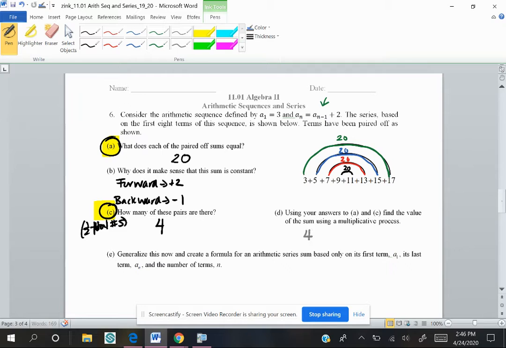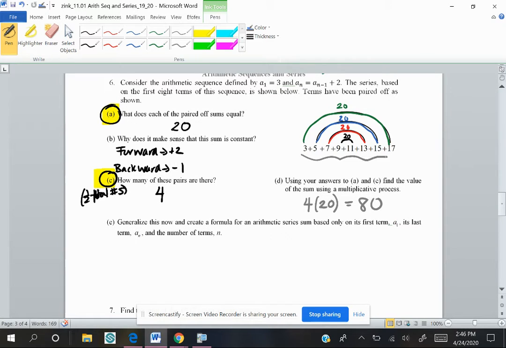So 4 pairs of 20, 4 times 20 gives me 80. So the sum of all of these terms must be 80.